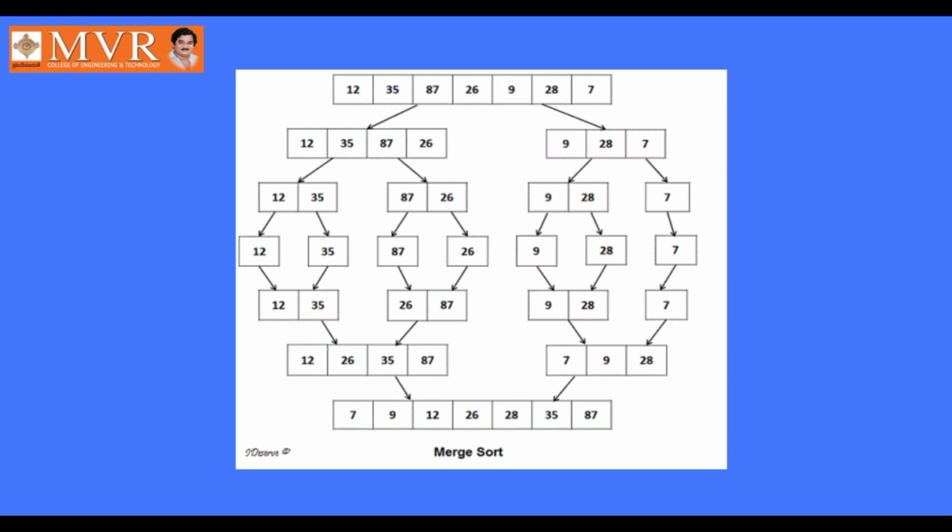Once again I am reminding you, after the list of elements is given to you, first write the elements in an array, and then give numbering for the elements starting from 0 to n minus 1 or 1 to n, and then only divide the elements at mid.